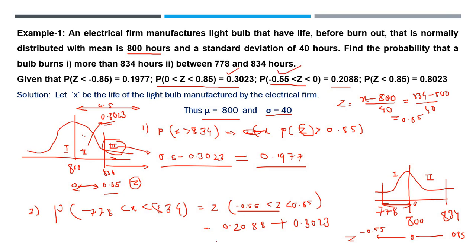So we have to add these two regions, the first region and the second region, and the final answer becomes 0.5111.